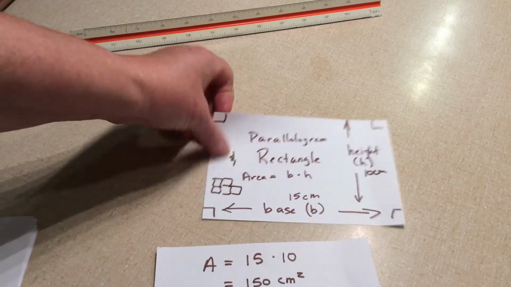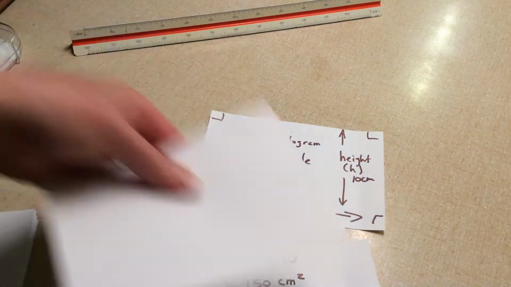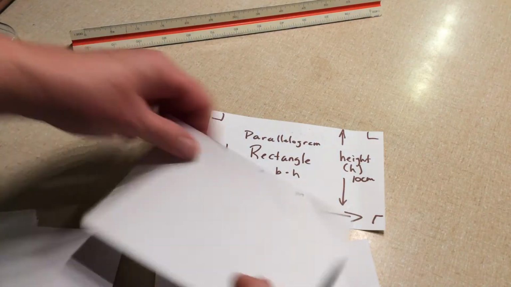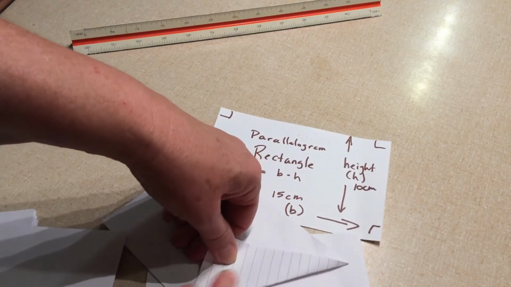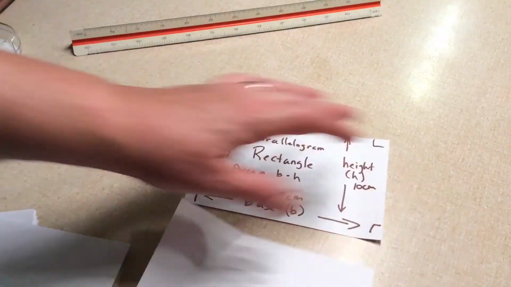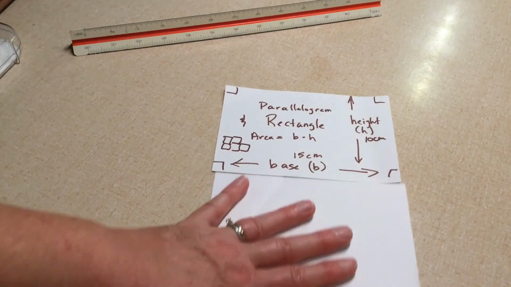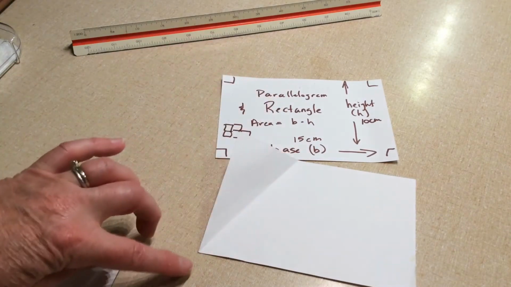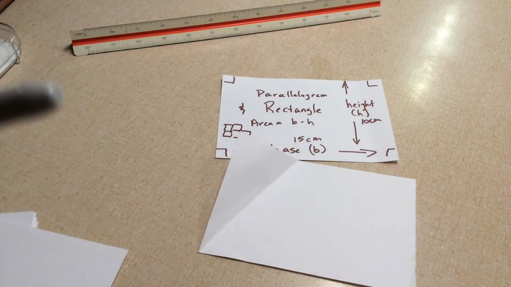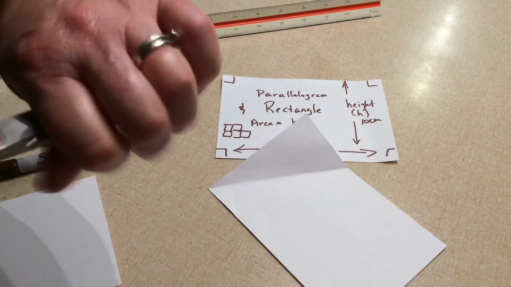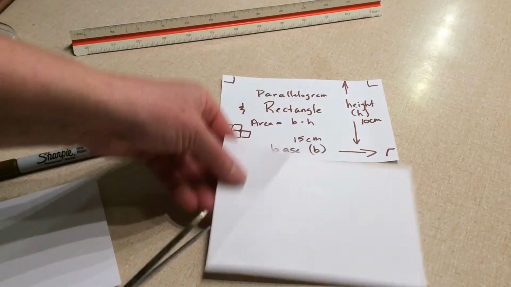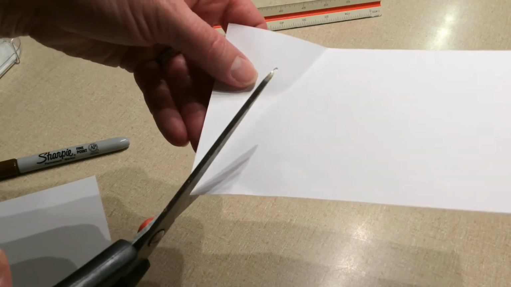Now I'm going to take the same piece of paper, I have another one right here, and I'm just going to fold it like this. So all I'm doing, I'm going to cut along this line here and just change this shape slightly so that it's still a parallelogram, but it won't be a rectangle anymore.